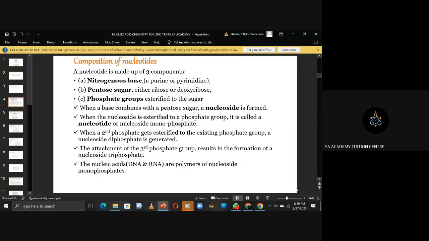Okay, the other component is a pentose sugar. So we have two sugars in here, two pentose sugars.